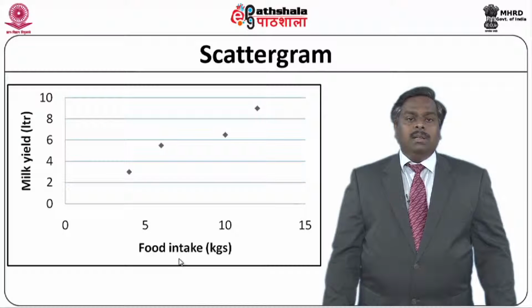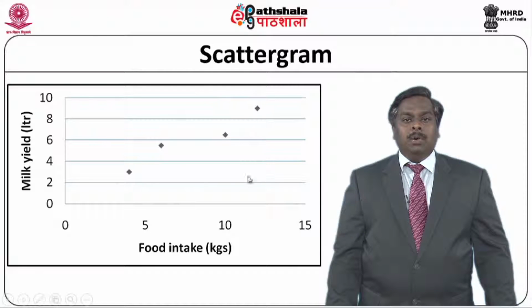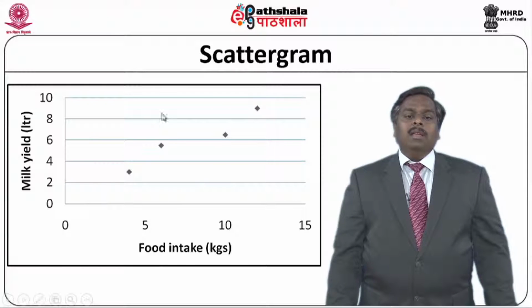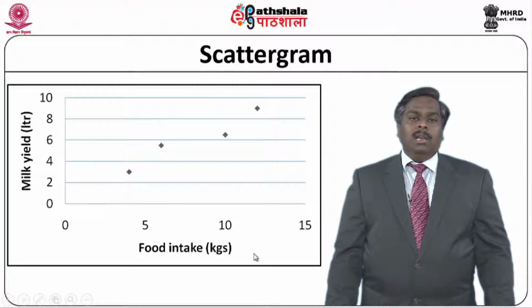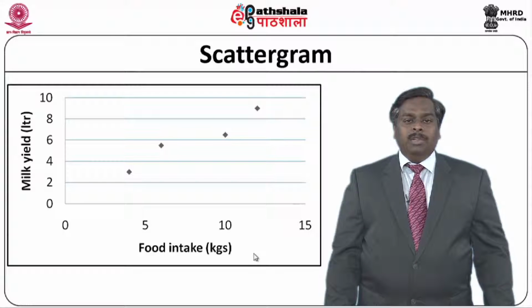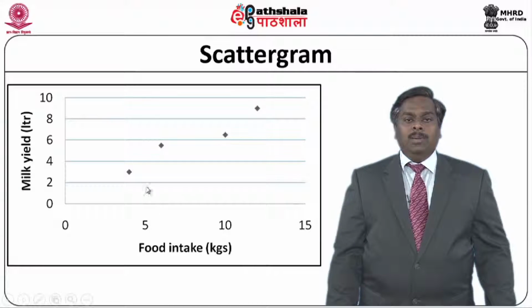We can consider the two variables food intake and milk yield as the two axes x and y, and when we plot the data, we will get a scattergram as shown here. From the scattergram itself, we may be in a position to identify whether there can be a linear relationship or not. So, this scatter diagram will help us identify whether there is a linear relationship between these two variables.